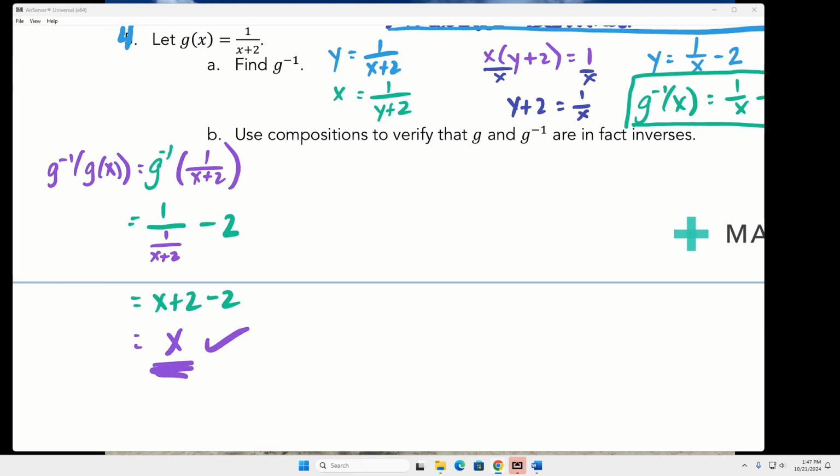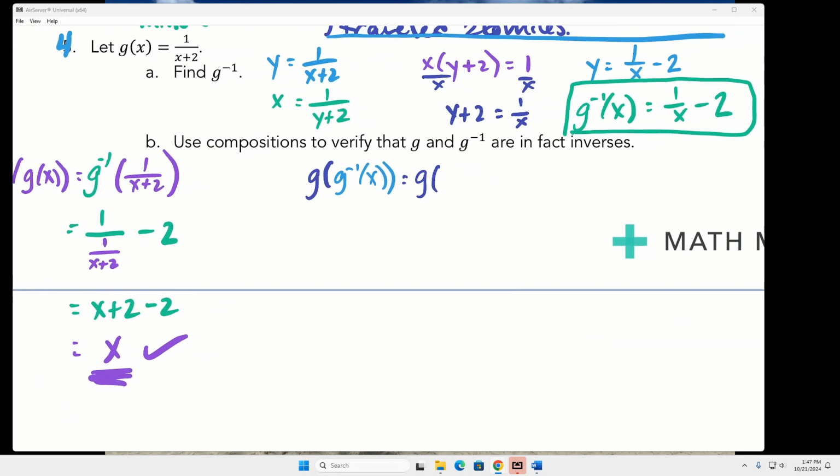Alright, so the other way is g of g inverse. Alright, so g inverse was 1 over x minus 2. So I'm going to take g, the original function, and where I have x, I'm going to put in this light blue.